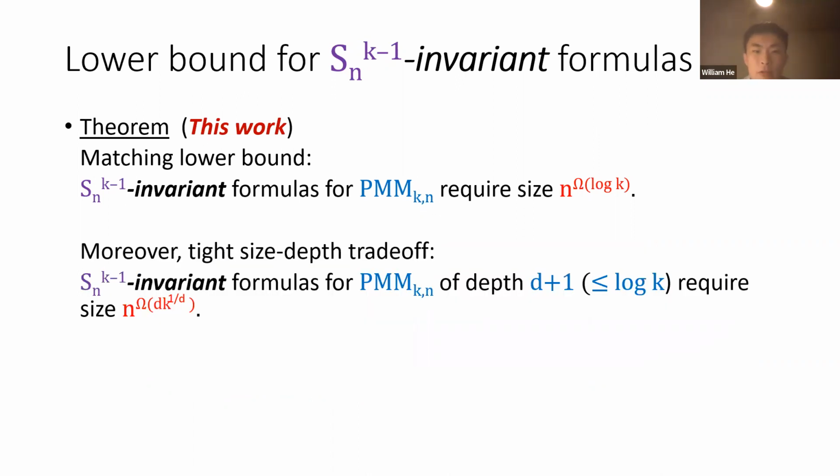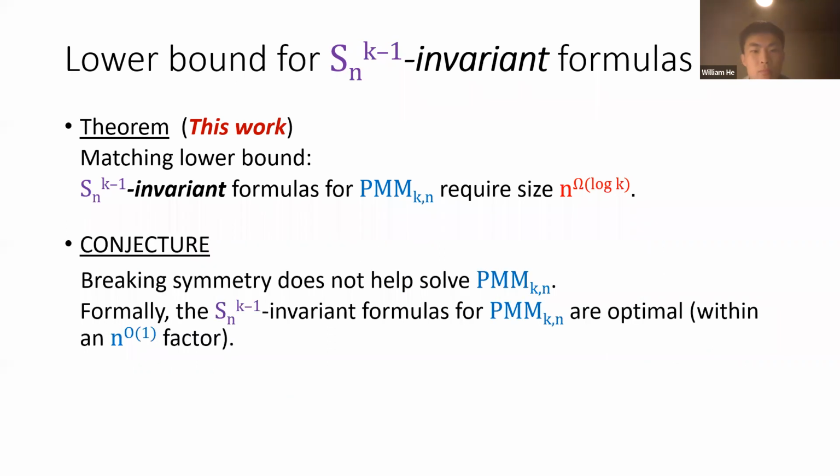The way we arrive at our theorem is actually via a tight size-depth trade-off. We show that S_n^(k-1) invariant formulas for PMM_{k,n} of depth d+1 require size n^Ω(d k^(1/d)). And this is a tight size-depth trade-off. I said that the upper bound divide and conquer formulas of size n^O(log k) are conjectured to be optimal.